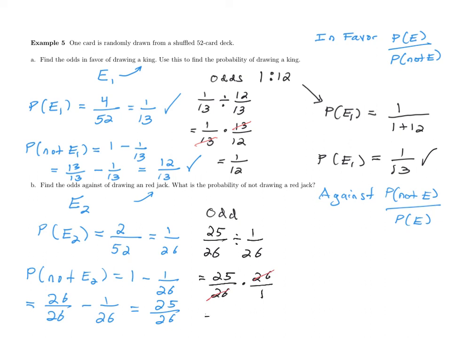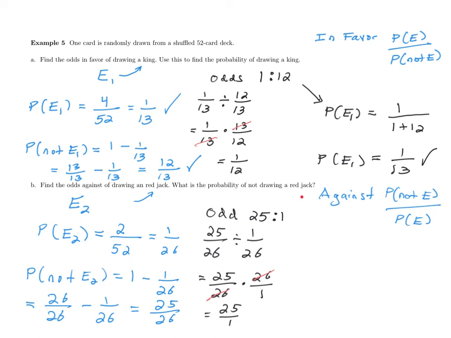And what is left over is 25 over 1. We'd say the odds are 25 to 1, meaning 25 times it does not happen and 1 time it does happen. In total, that's 26 times, but this many times it doesn't, this many times it does.